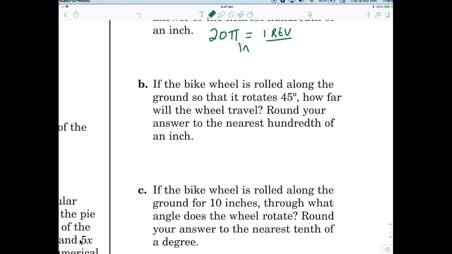Now I tried to tell you yesterday, 45 degrees is what fractional part of the circumference? 1/8. So this would be 20 pi over what? 8, which is the same as what? 5 pi over 2 inches.